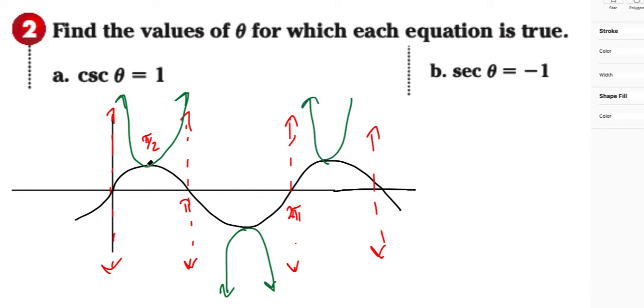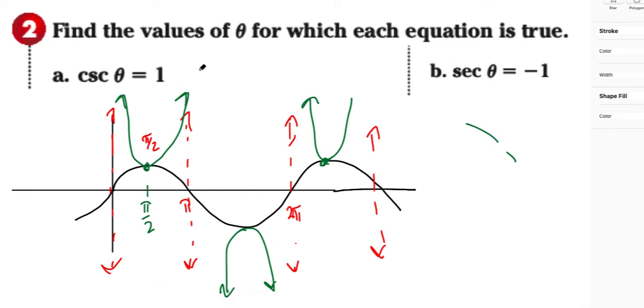All right, so now that we have that, we see these values where the cosecant is 1. How can we describe them? Well, we know that that's pi over 2, and we talked about it before. It's going to be every cycle we're going to get this value again. So up here we'll get it again. Up further we'll get it again. How long is a cycle? A cycle is 2 pi.